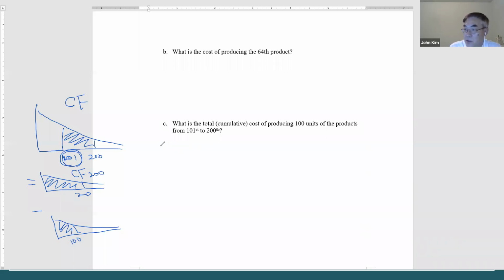So this is why 101 to 200 at 90% will be K times the cumulative factor, the bigger one, 200, minus the cumulative factor, the smaller one, 101 minus 1, that is 100.